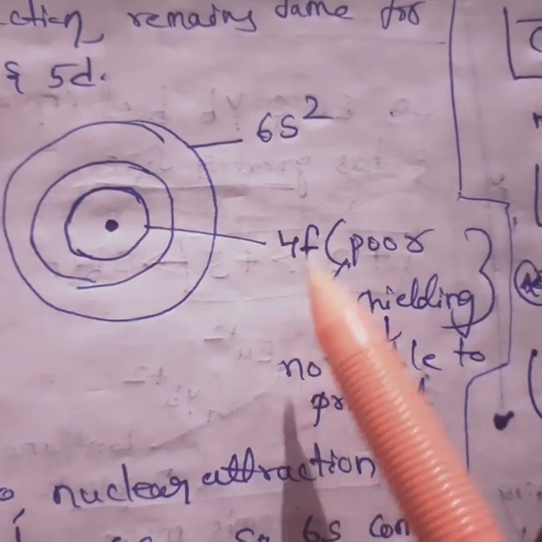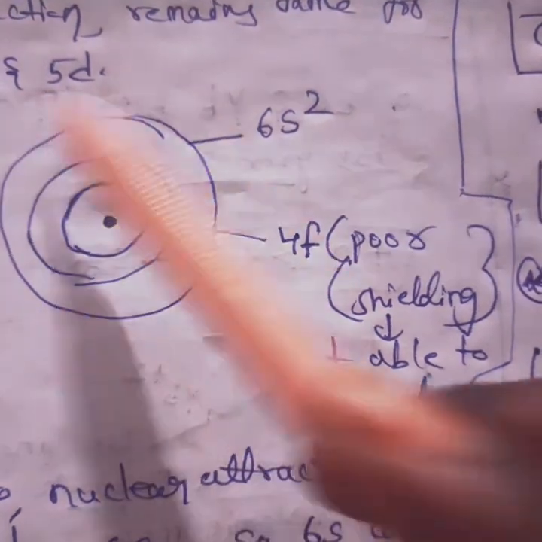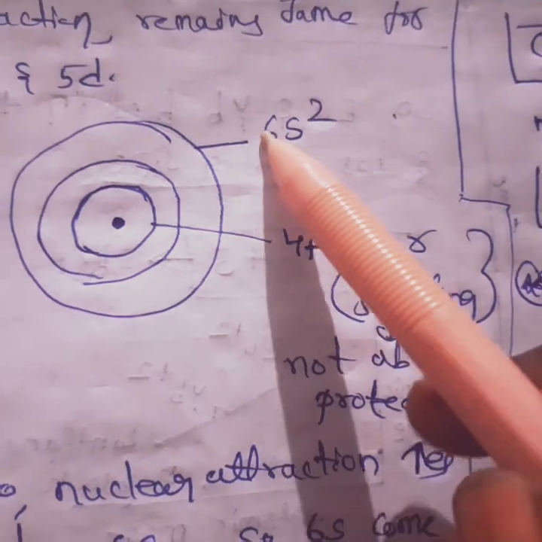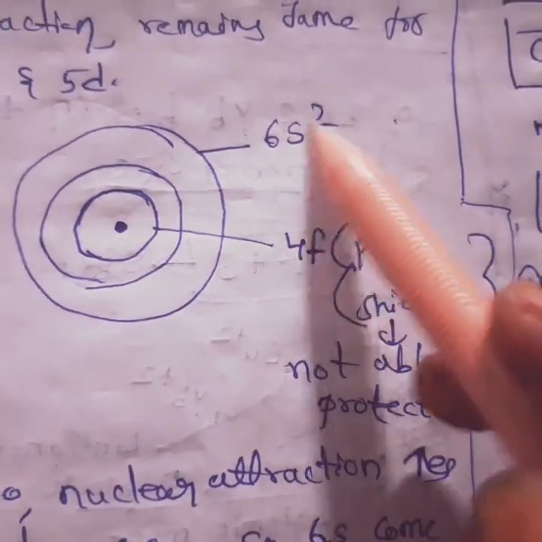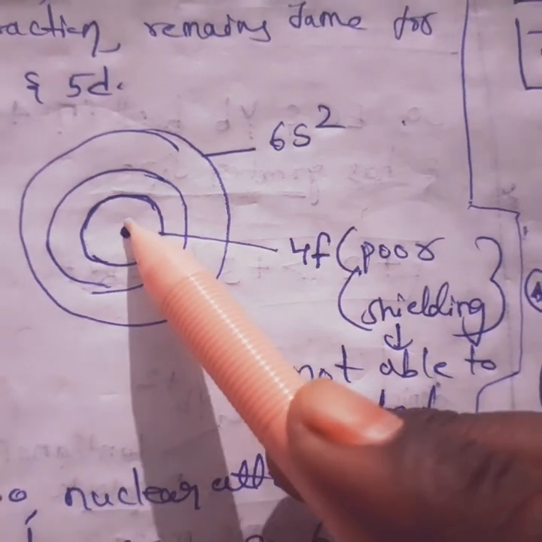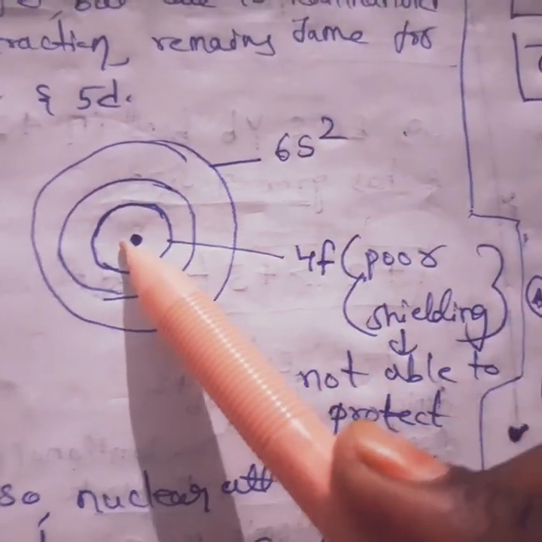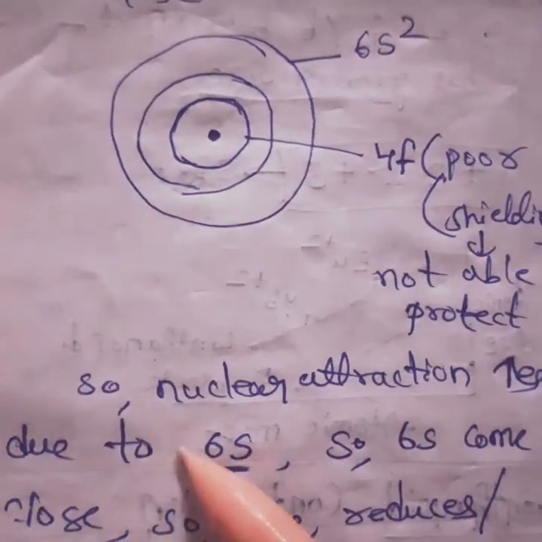As it is not able to shield the nucleus properly, this 6s easily gets attracted towards the nucleus. It doesn't have any barrier to reach this nucleus, so it easily reaches the nucleus. So nuclear attraction increases due to 6s.